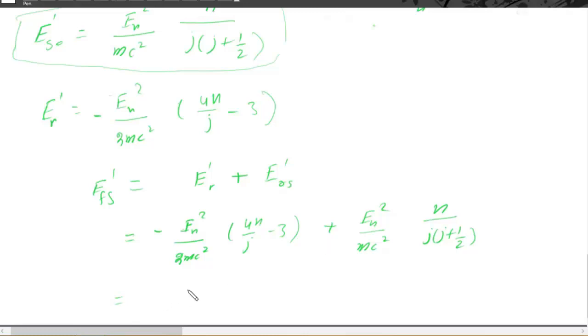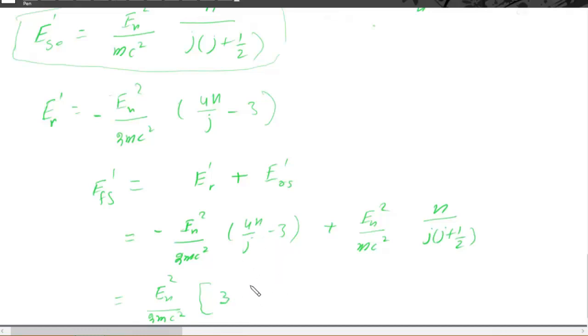then we take this common, then we will get E_n squared divided by 2mc squared, and then we can multiply this minus into this two term, then this becomes positive.